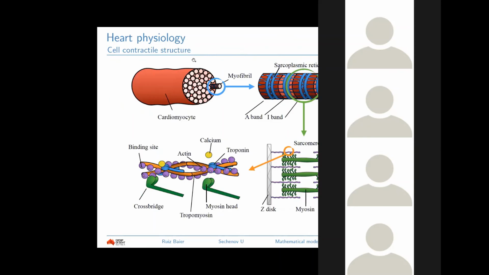This is specified here. So this is a cell. Inside of the cell, we have other kinds of structures, and those structures will start to contract whenever you have more calcium inside of the cell. And calcium is inside of the cell because there's more calcium going around once you have an electrical stimulus. So you observe that this is a cycle occurring very rapidly inside of the cell, and eventually that interaction propagates to larger scales, eventually making the tissue contract.